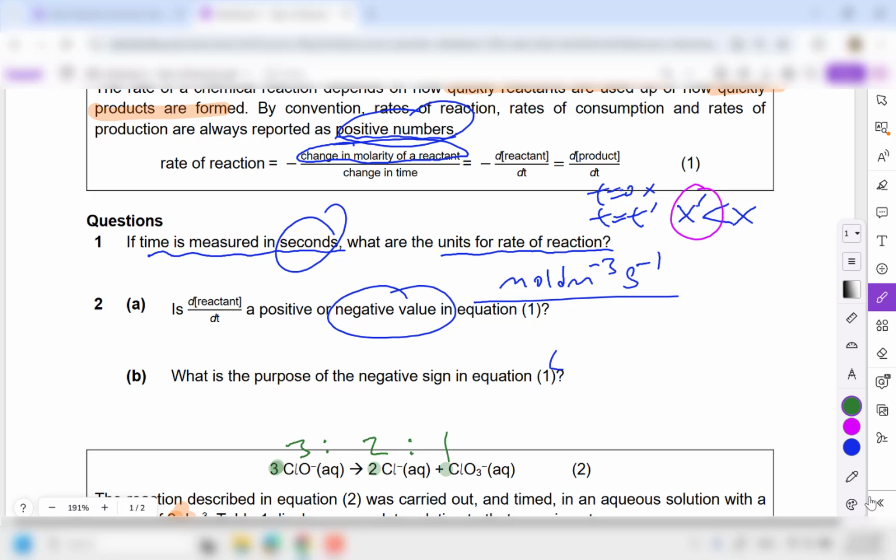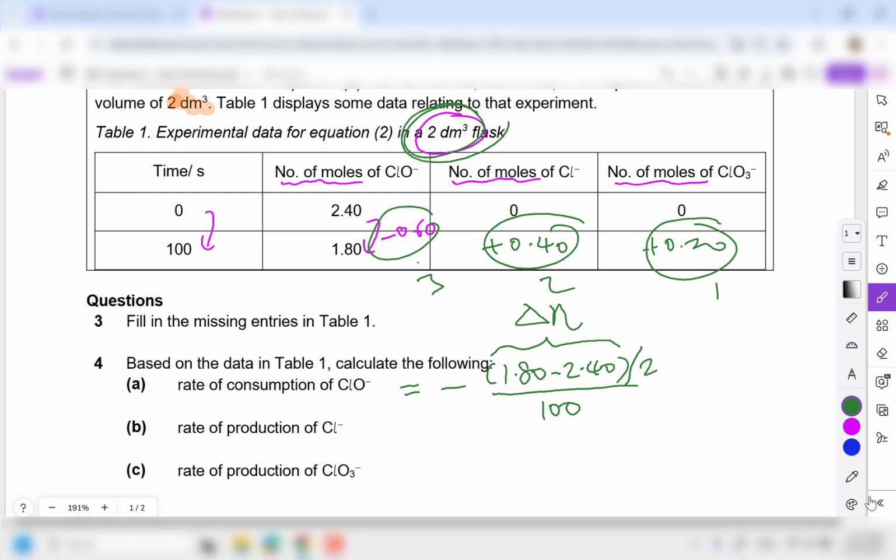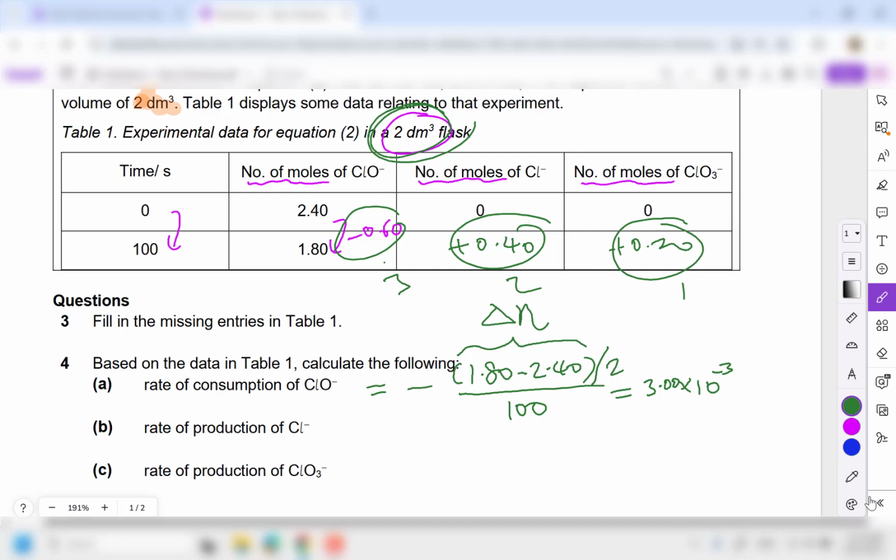So we need to divide by 2. Punching calculators quickly, we should get 3.00 times 10 to the power of minus 3 moles per dm cubed per second.